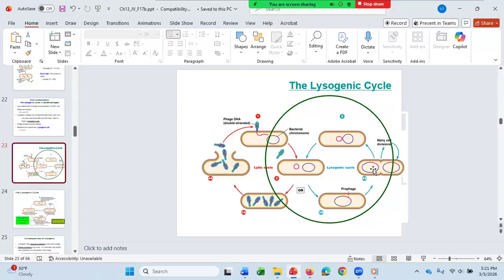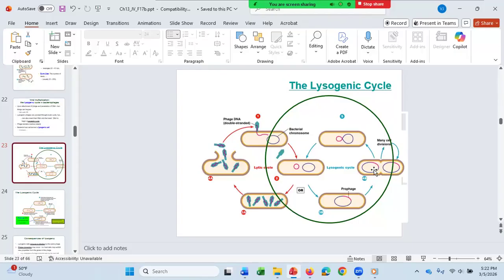Each will get a replica of the host chromosome and a replica of the prophage. And that can continue for many cell divisions, where the virus remains in the lysogenic life cycle, replicating only when the host cell's DNA replicates.